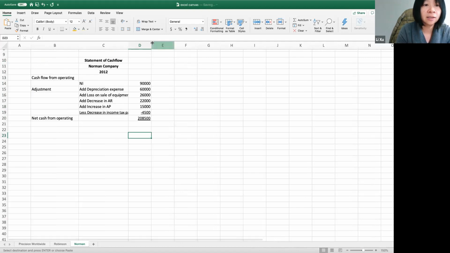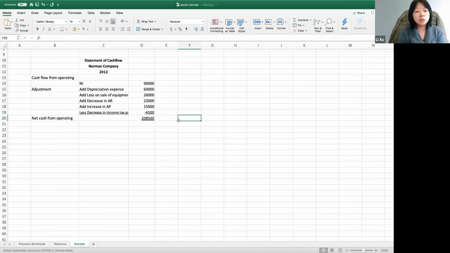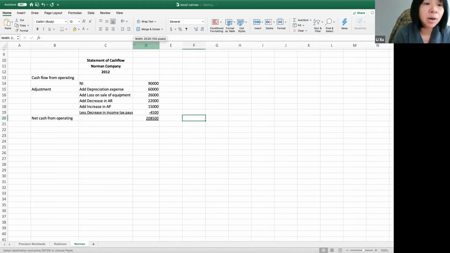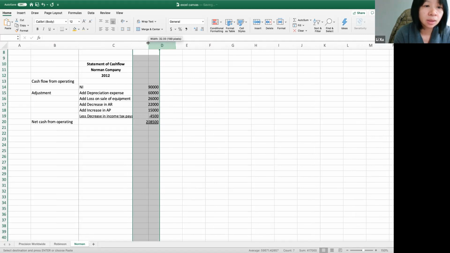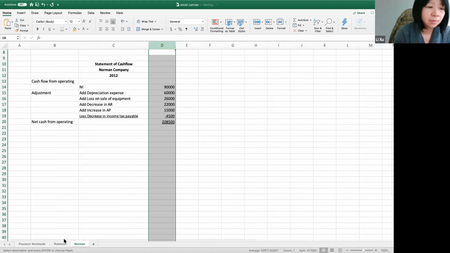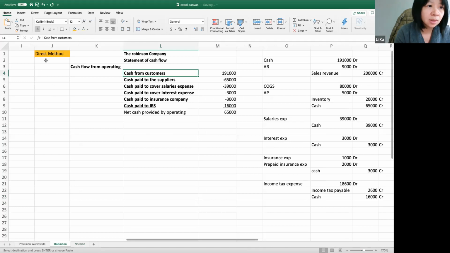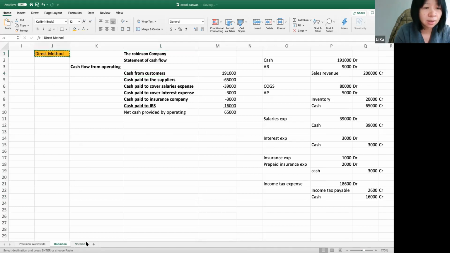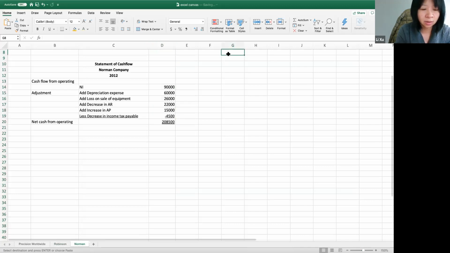You should be able to find this from the notes you took last class. What we're going to do for this question is use the direct method. So this is the indirect method, and here we do the direct method.